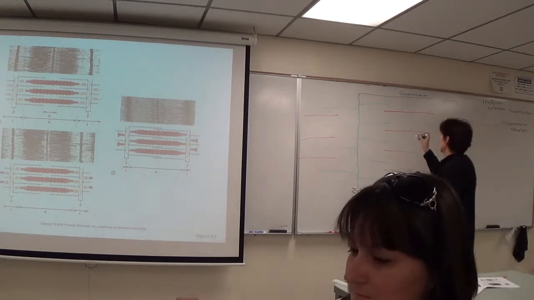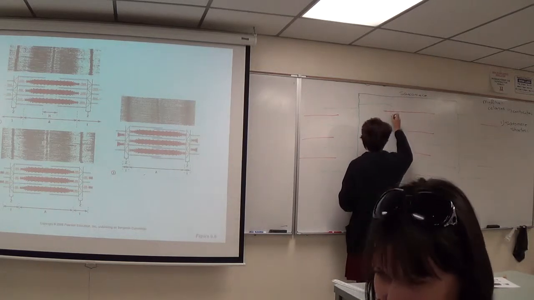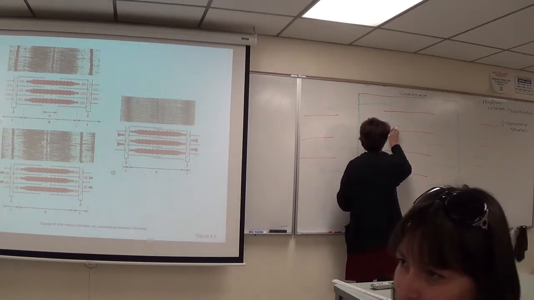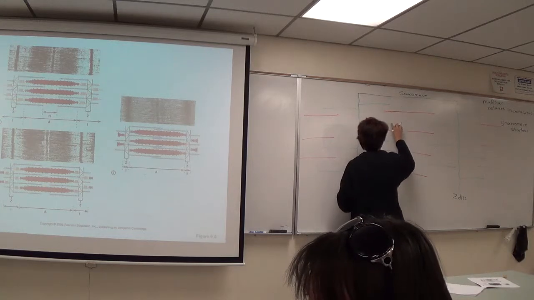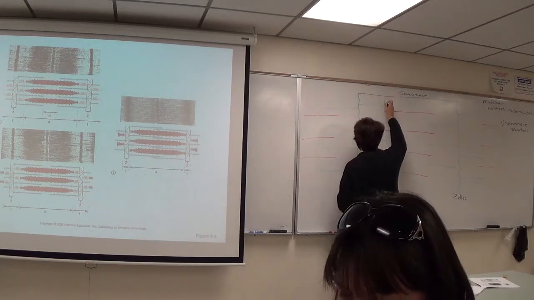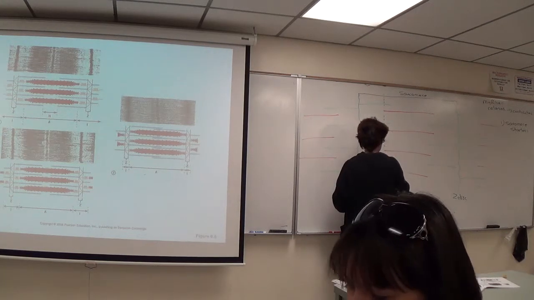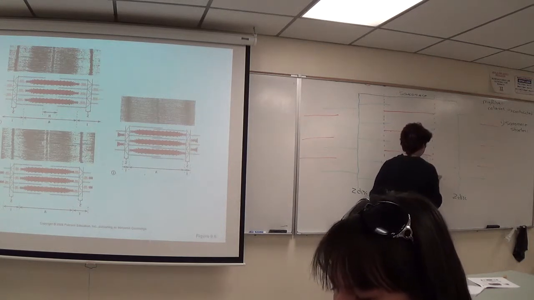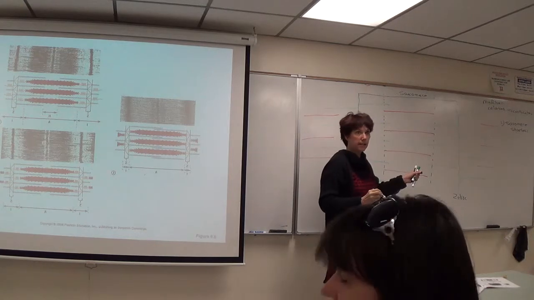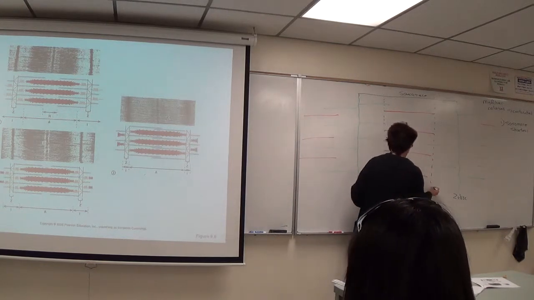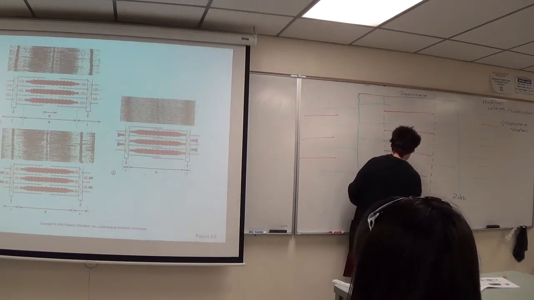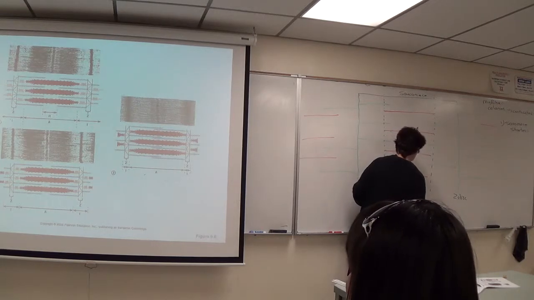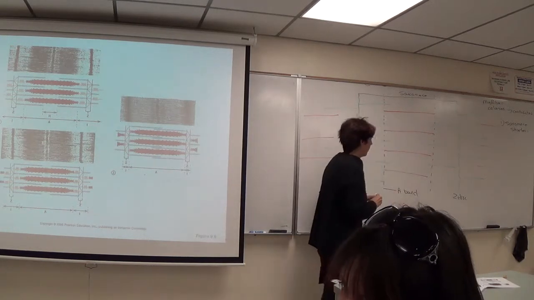Within a sarcomere, the dark band is the width of the myosin, and this was called the A band, if you recall. Right?